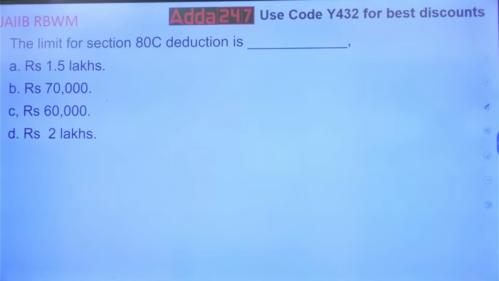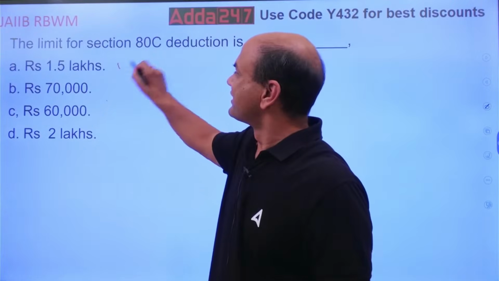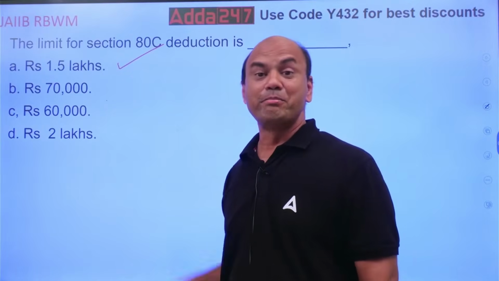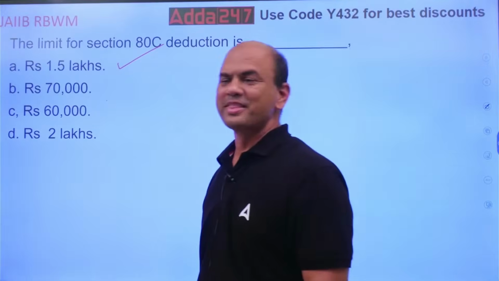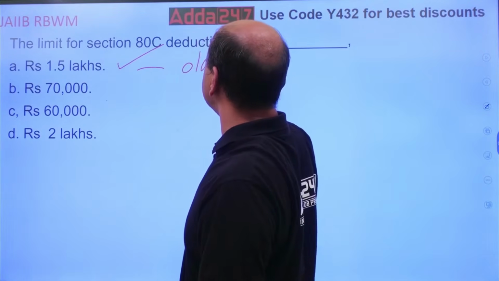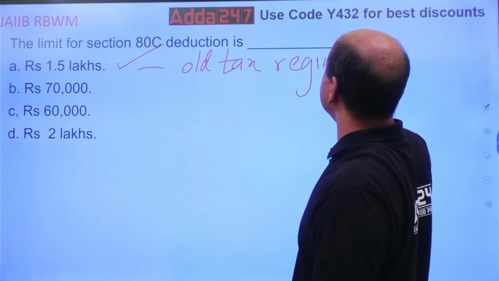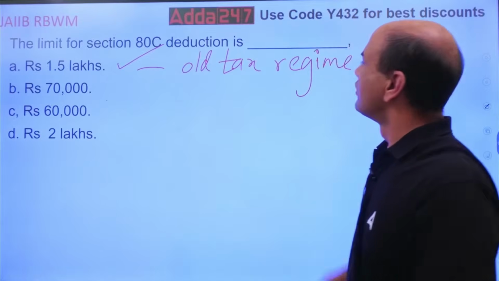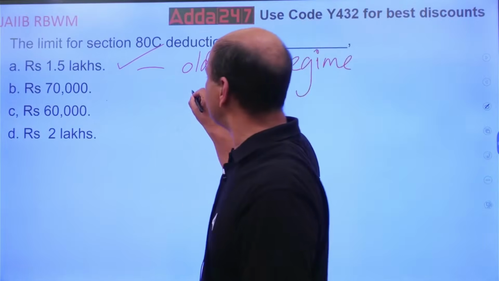The answer is, but there is a problem in this. This is applicable in the old tax regime. What is the new regime? New regime is 115BAC.